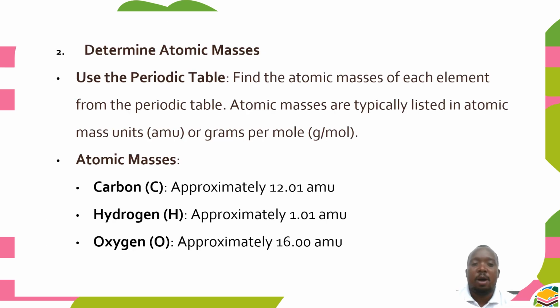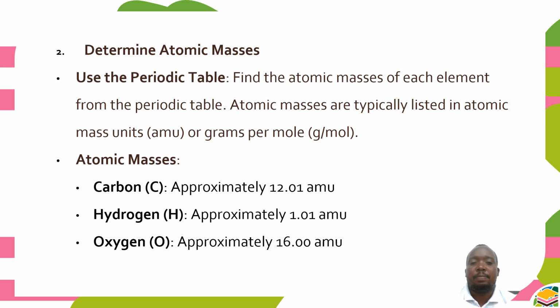Then from there, you have to determine atomic masses. How do you determine the atomic masses? You use the periodic table. In most cases, if you have a question, you are given the relative atomic masses, but you can always use the periodic table.